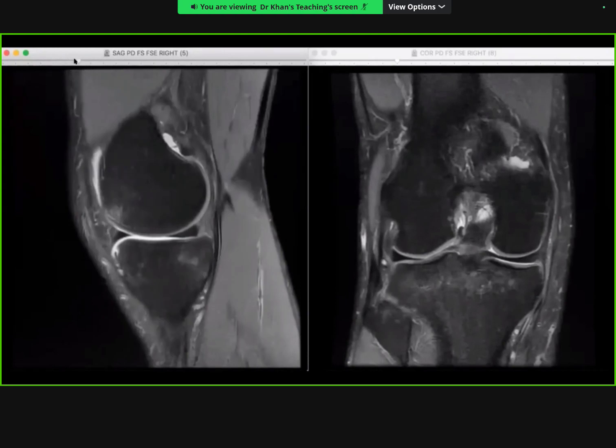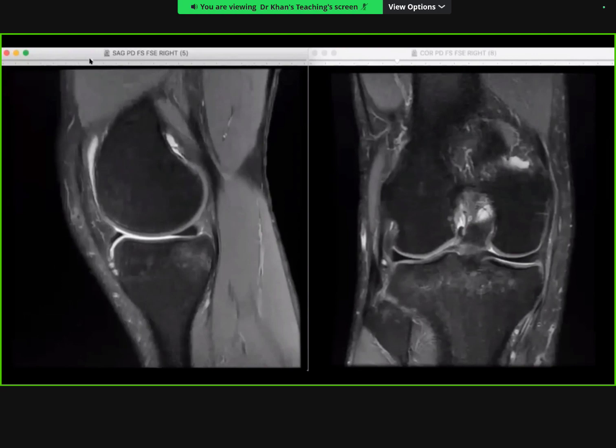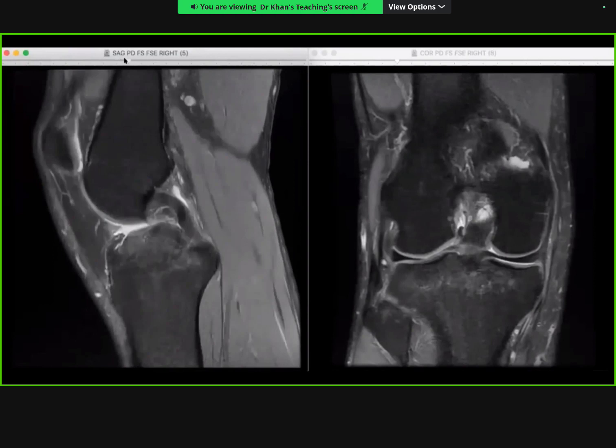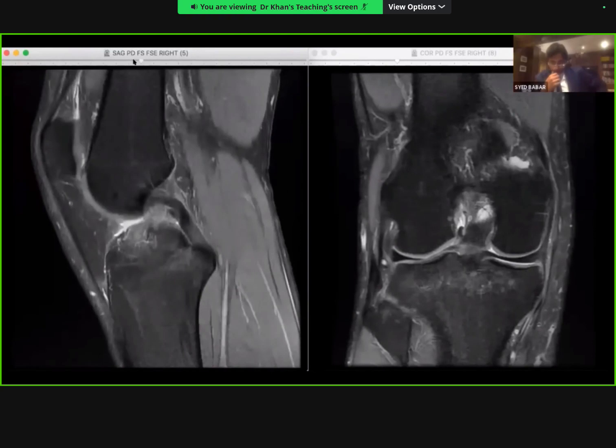Okay. So I can see there are bony contusions demonstrated on the anterior femoral condyle and posterior tibial plateau, and that's on the medial side.